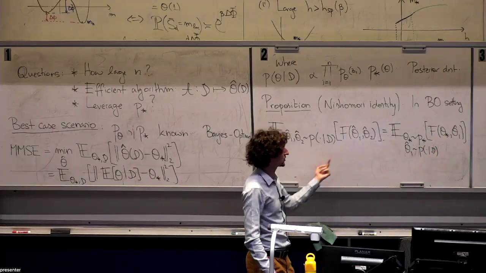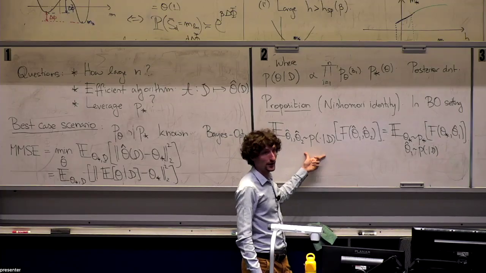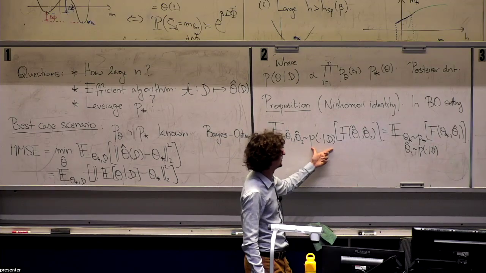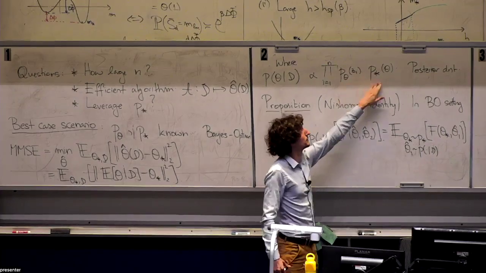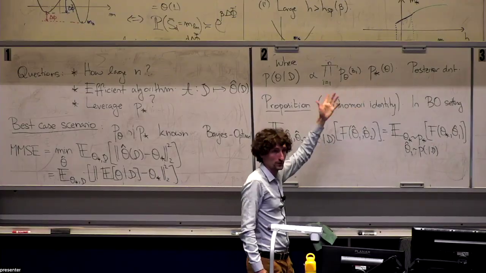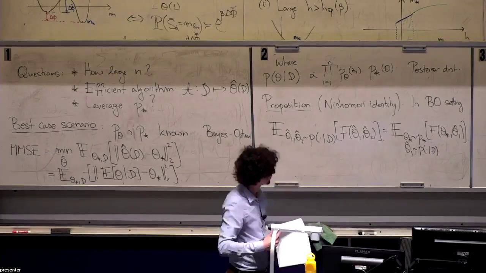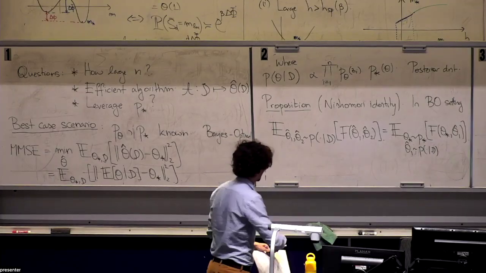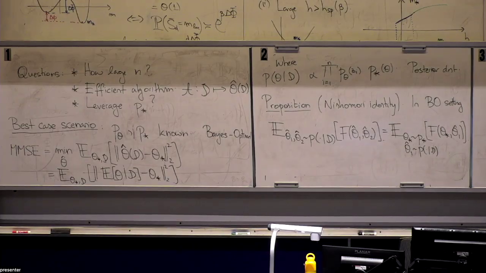You can prove this by writing down the definition and using the fact that the posterior is the Bayes optimal posterior, the one that has the right prior and likelihood. By just conditioning, you can see that this is true. So I'm going to leave this small probability exercise, but it's going to be very useful for what we're going to do next.